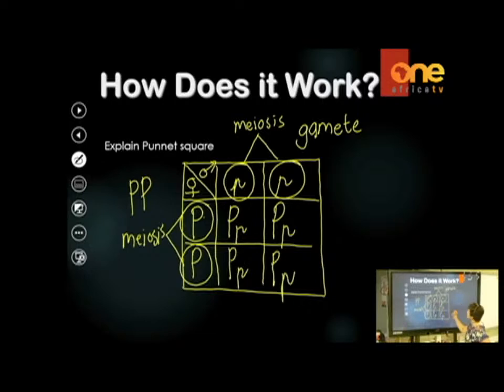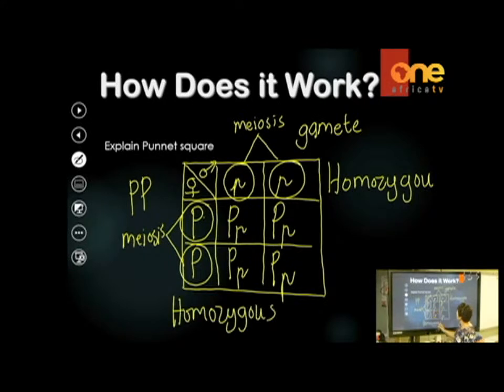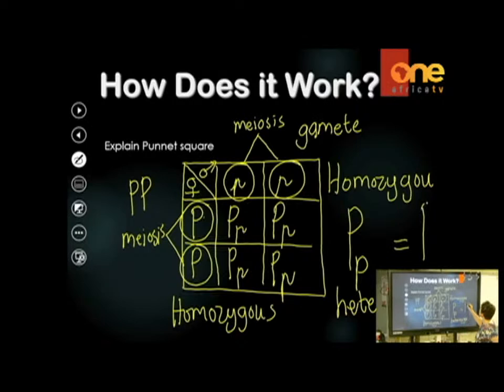The only probability that can happen with this homozygous white flower and homozygous purple flower is a heterozygous flower. But what is the color of this flower?